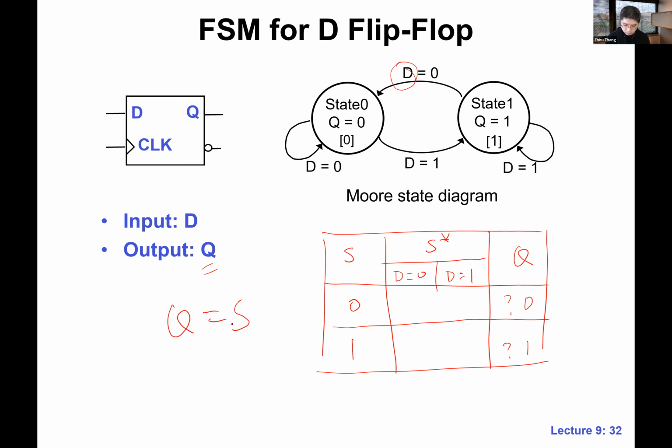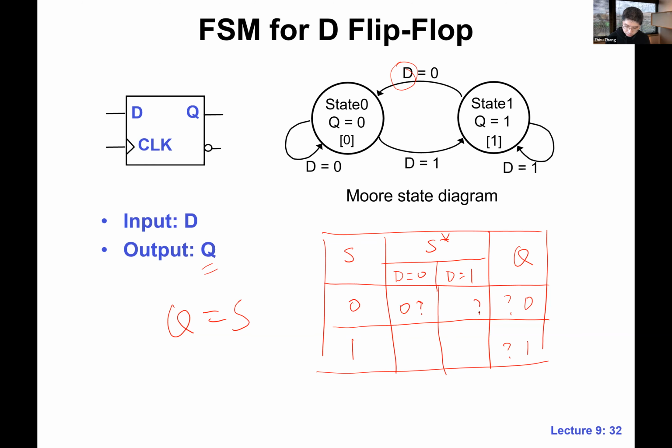Okay. Because indeed this is right. This Q only depends on the current state. But then what's the next state? This is where we can further divide it up. S star, what is this entry? S star, what's this one? 0.